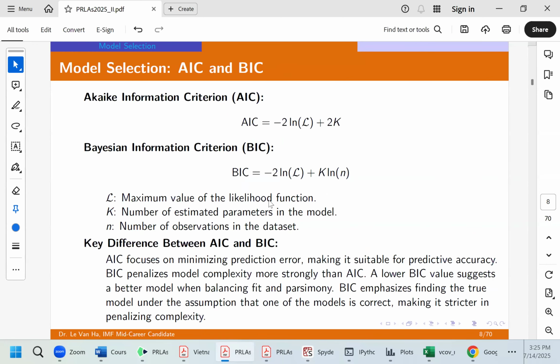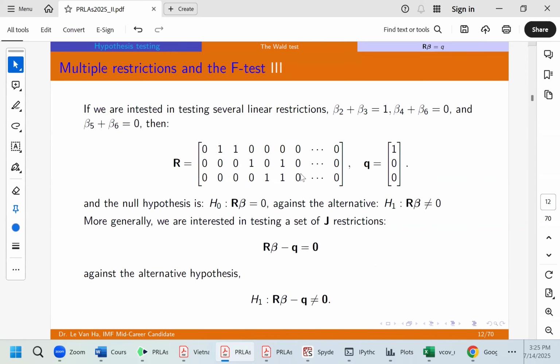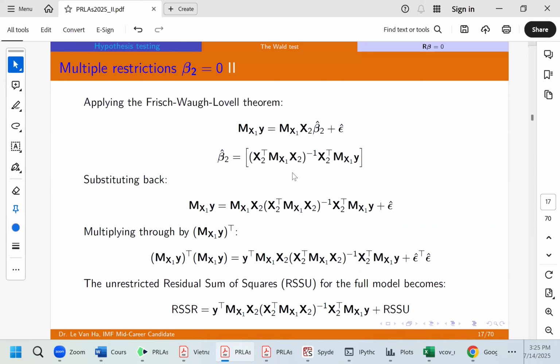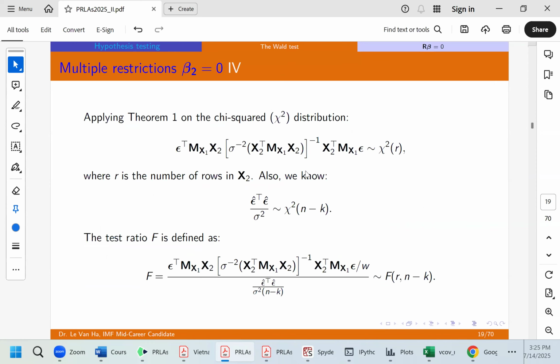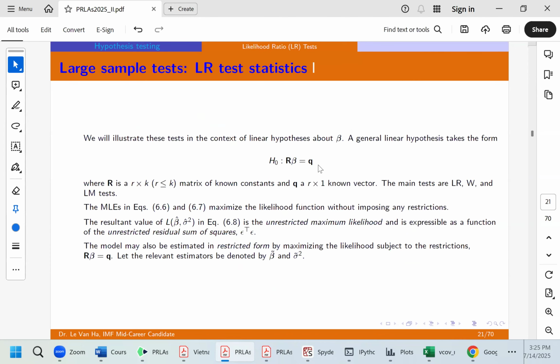Okay, so I'm done with the AIC and the BIC. The F test I already did. Now the LR statistics. We talk about the Wald test.